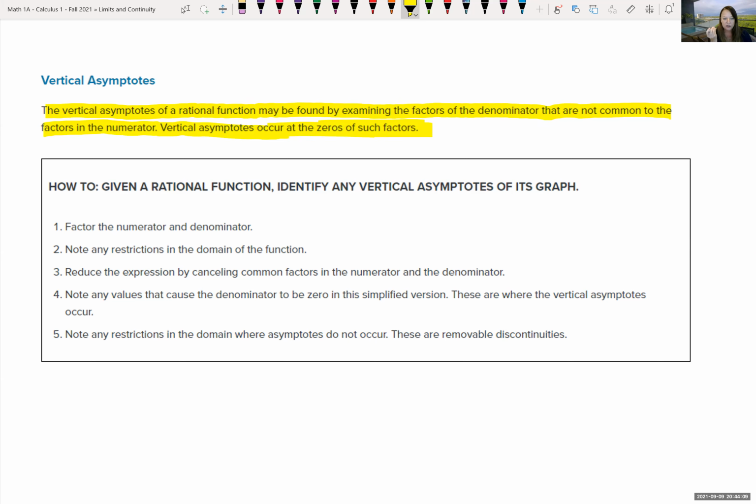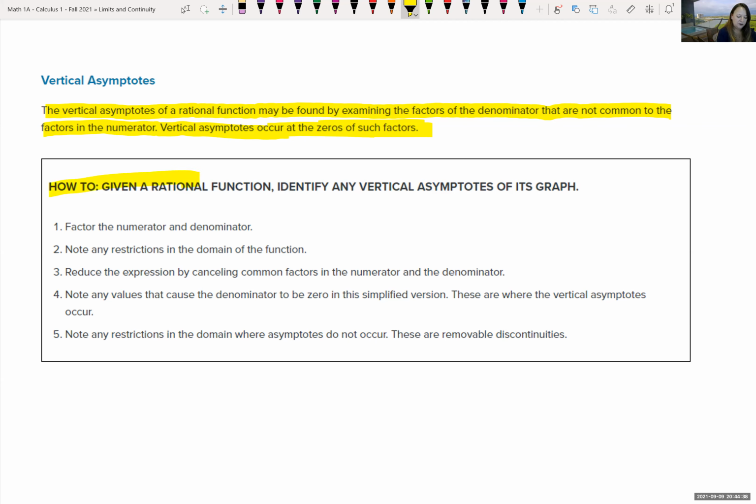Recall if we were working with a rational function and we plugged in some value of c, we got 0 over 0. We saw that if we factored, we had common factors and we could cancel them. So as long as we don't have common factors, the values that set our denominator equal to 0, but not also the numerator, are going to be vertical asymptotes.